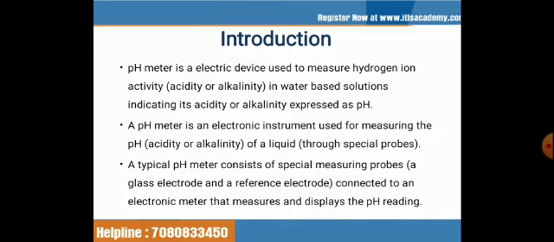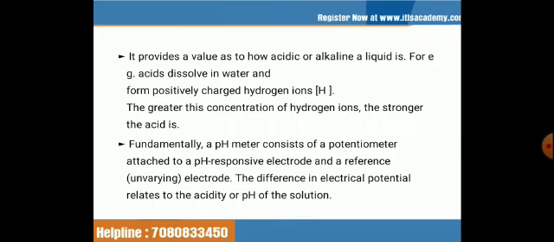A typical pH meter consists of a special measuring probe, that is a glass probe, and a reference electrode, which are connected to an electronic meter that measures and displays the pH reading while calibrating the pH. It provides a value as to how acidic or alkaline a liquid is. For example, acid dissolves in water and forms a positively charged hydrogen ion.